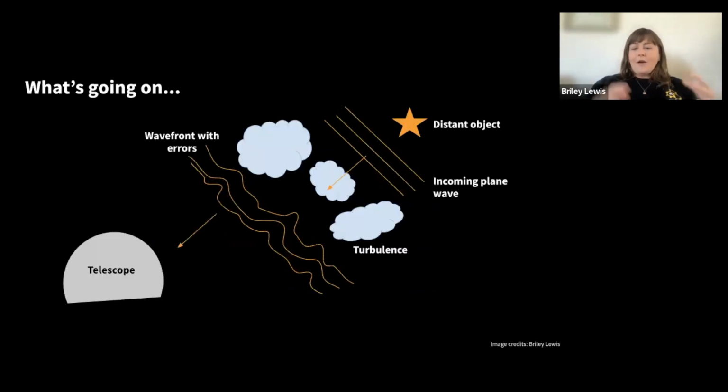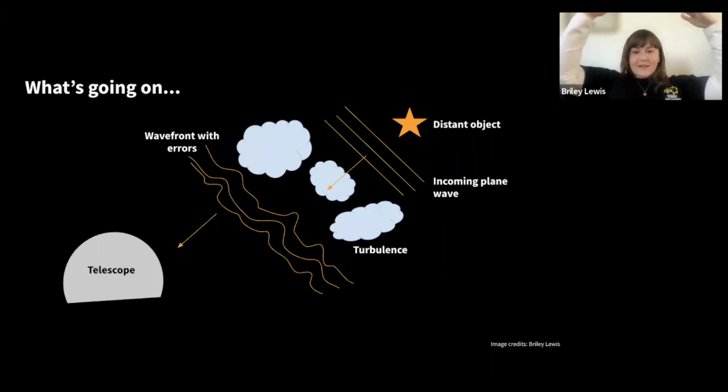So what's going on in the atmosphere? We've got a distant object like a star with a planet around it. And as the light comes into the atmosphere, it's this nice flat plane wave of light. But then it hits the lumps of our atmosphere where there's different pockets of air at different temperatures, and they change the index of refraction of the light, so how much the light bends.